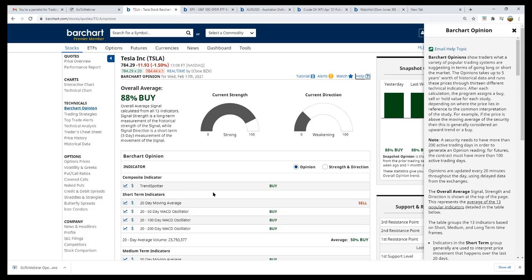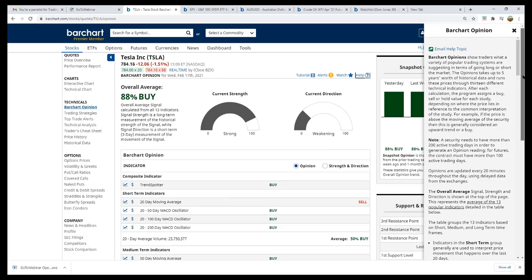When we talk about a moving average, since the data is collected from past periods, let's say in an uptrending moving average, price tends to be above that moving average, hence a buy signal, right? The overall signal is an amalgamation of all 13 indicators, which is divided into different time frames.